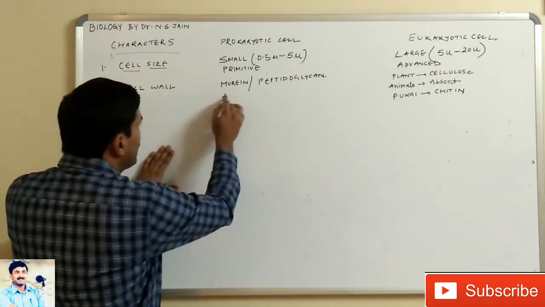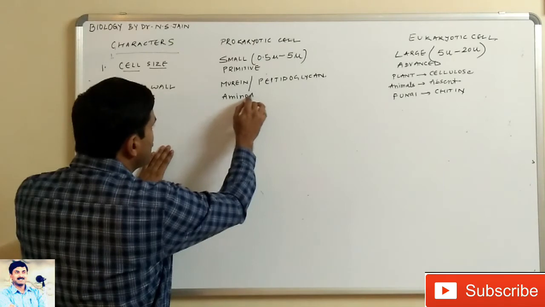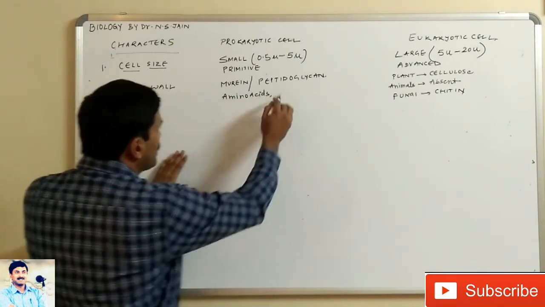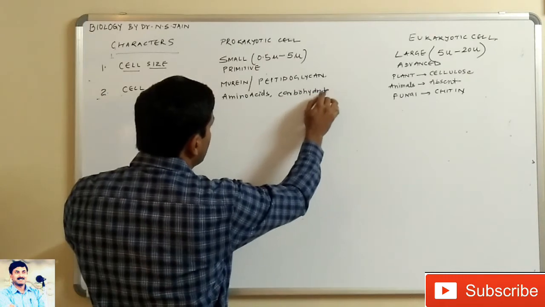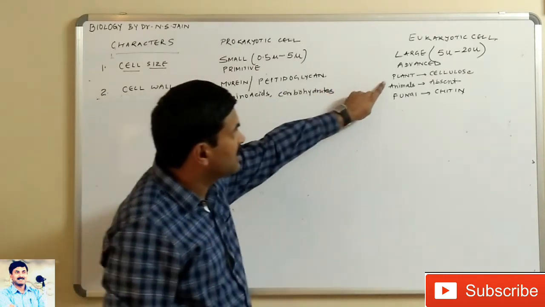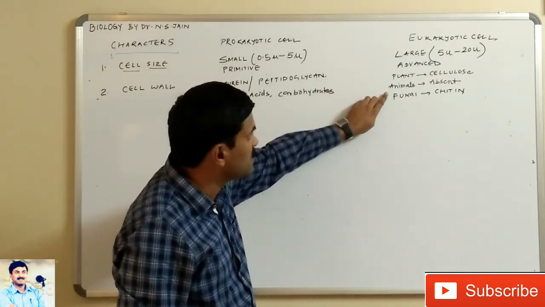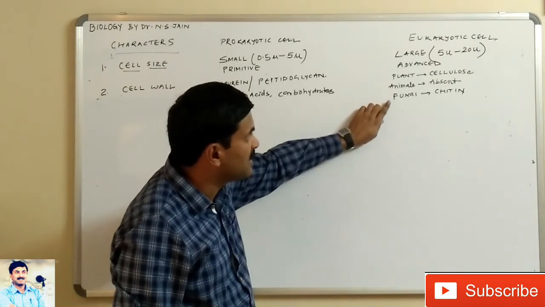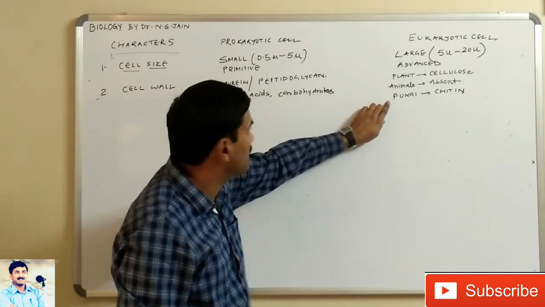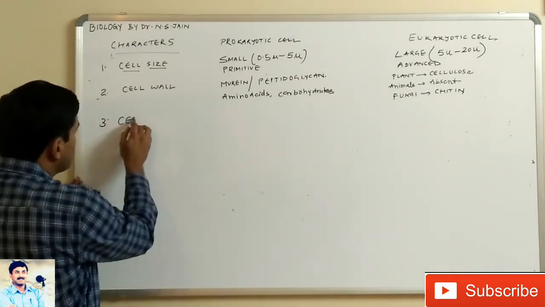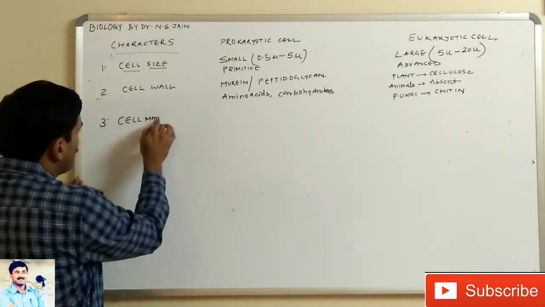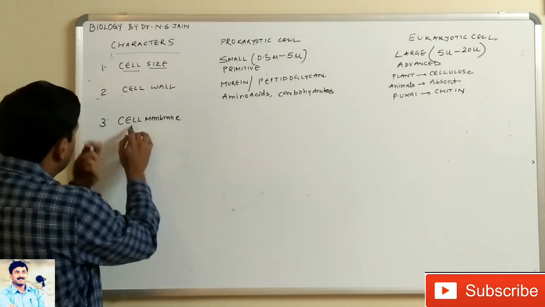Also we can say that some amino acids and carbohydrates are also present in the cell wall. Here in the case of the plant cell, it is made up of cellulose. In animals, the cell wall is absent. In fungi, it is made up of chitin. Now coming to the third point, cell membrane thickness.